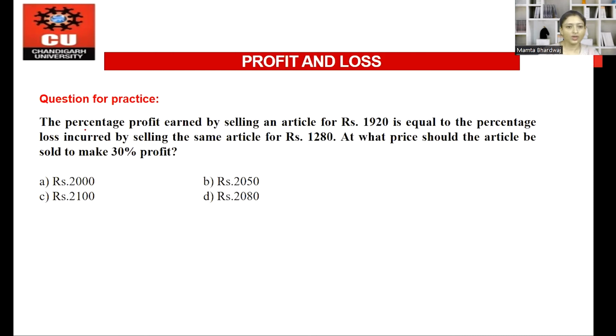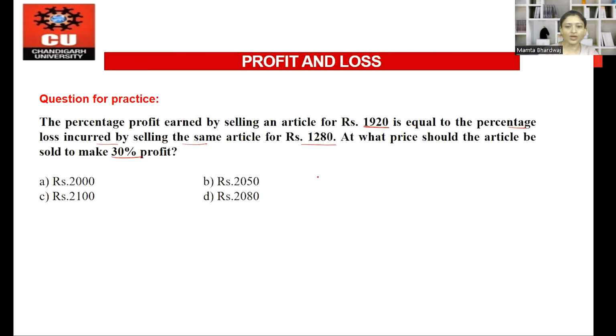Now we will do a question. The percentage profit earned by selling an article for rupees 1920 is equal to the percentage loss incurred by selling the same article for rupees 1280. At what price should the article be sold to make 30% profit?